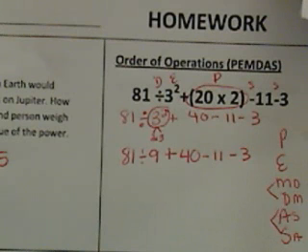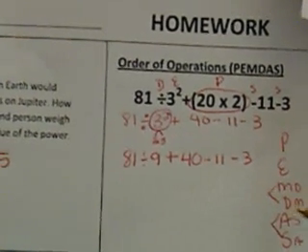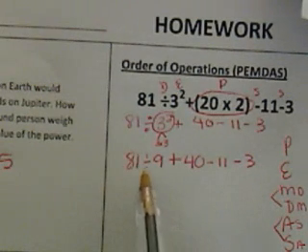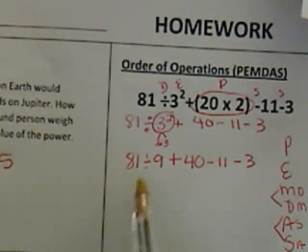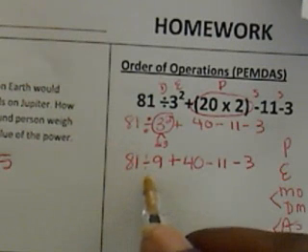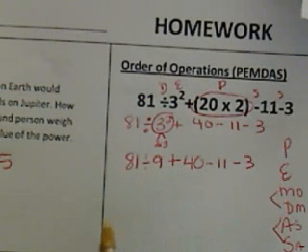What do you think we're going to do next, Eduardo? You divide. What two numbers? You need to divide 81 divided by 9. Okay, and what is 81 divided by 9?